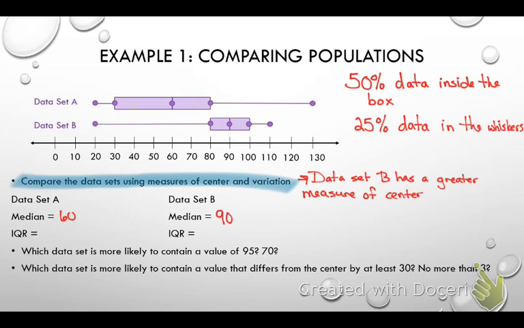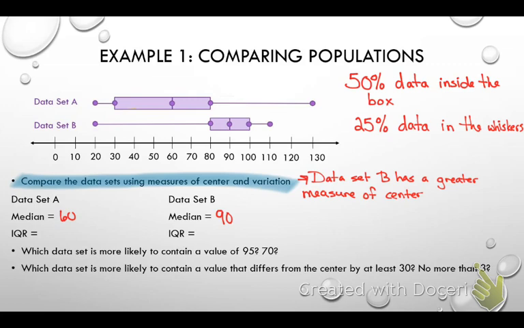Okay, now let's talk about IQR or interquartile range. I'm still looking at the data within the box because remember guys, most of the data is inside the box, okay? So what I'm going to do is try to calculate the range of the data.